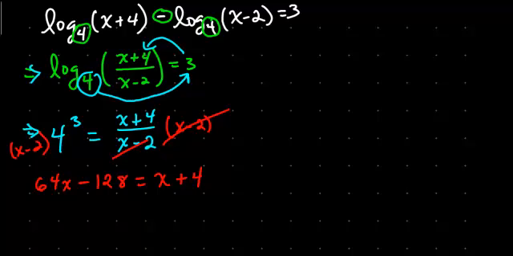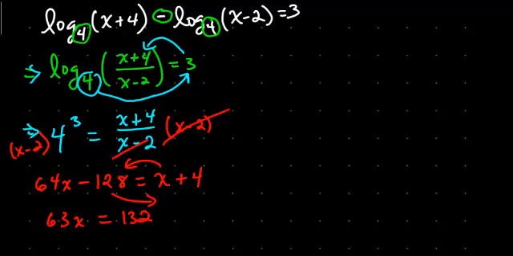Get all my x's on one side: 64x minus x is 63x, and add 128 to both sides, and we get 4 plus 128, which is 132.